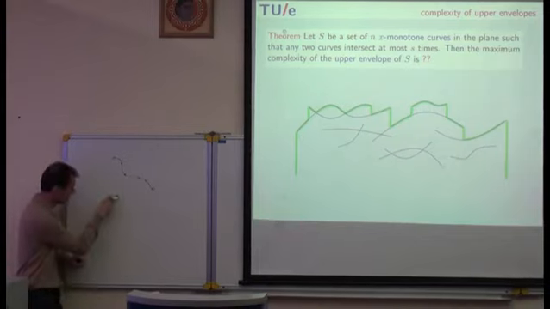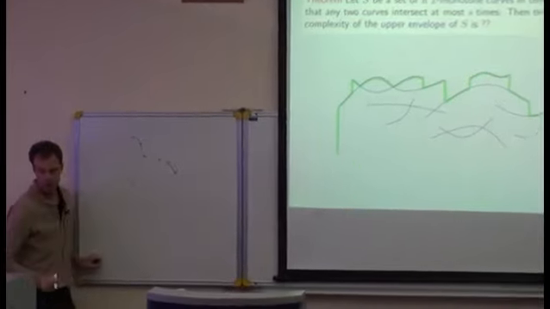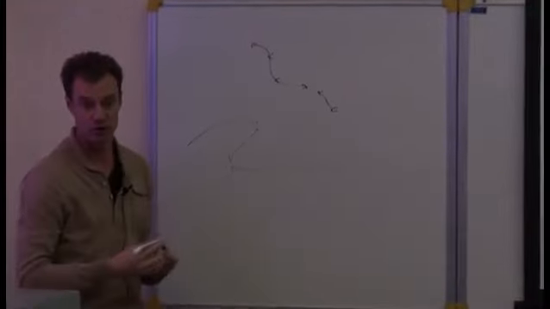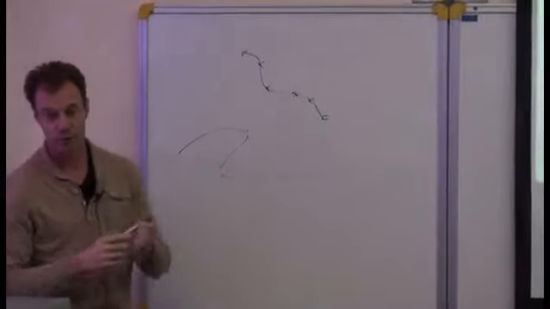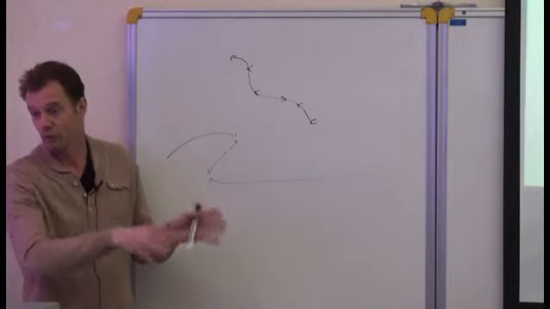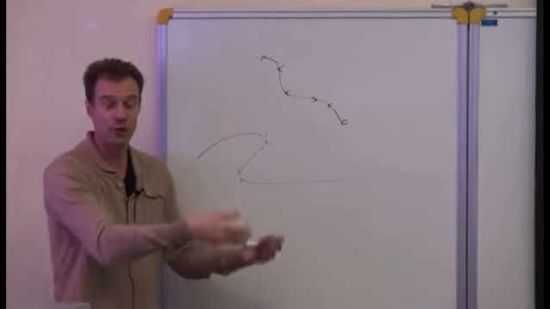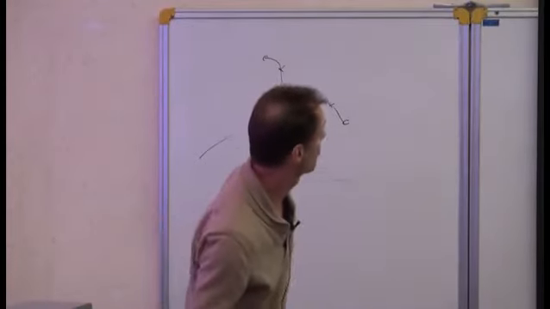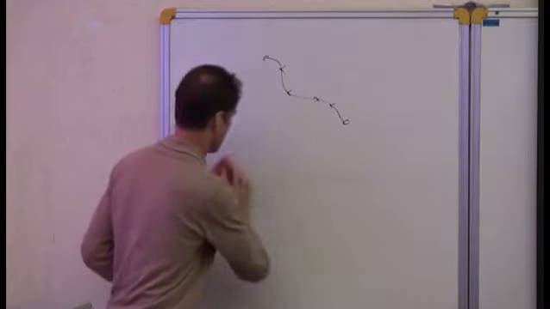So you simply cut the curve into a number of pieces, and then you apply the result to those pieces. And of course the number of pairwise intersections can only go down; you intersect a piece fewer times than you intersect the whole curve. So it's not really a problem that we're only looking at x-monotone curves.